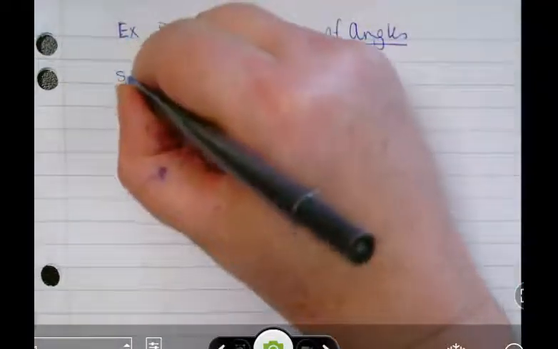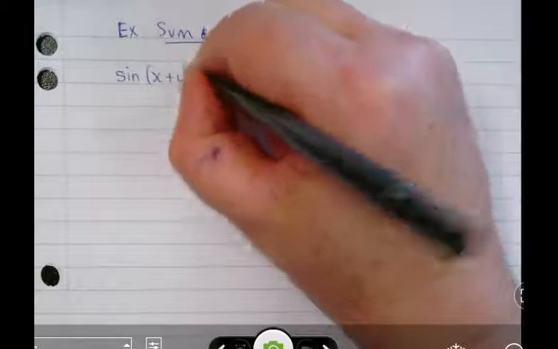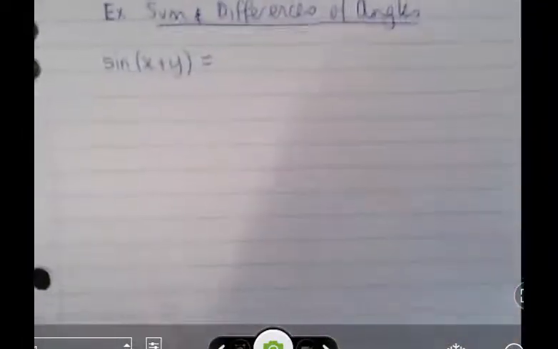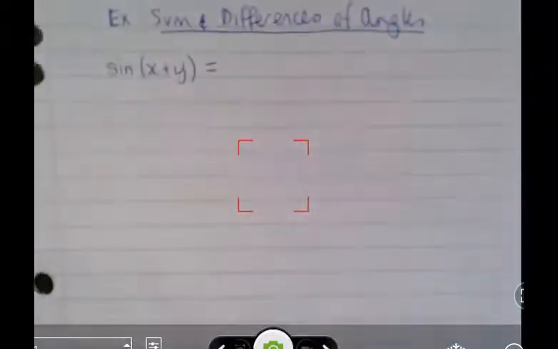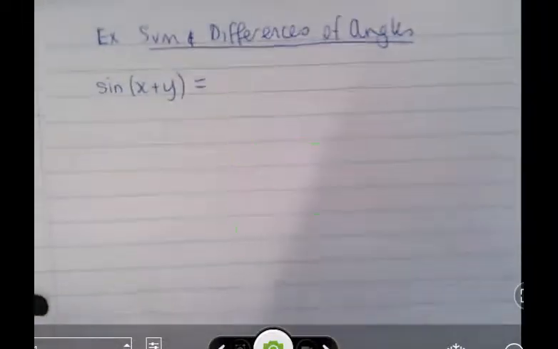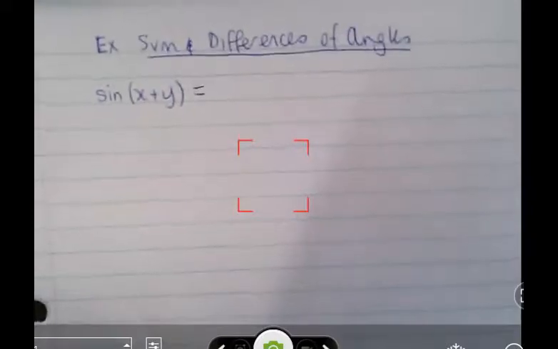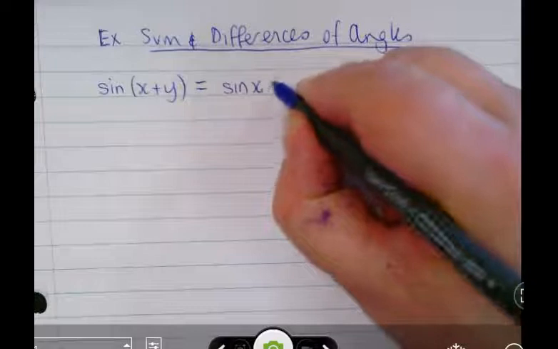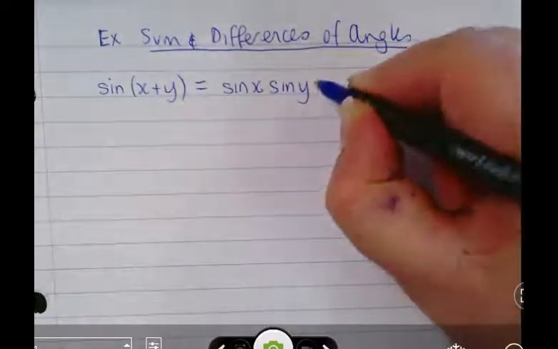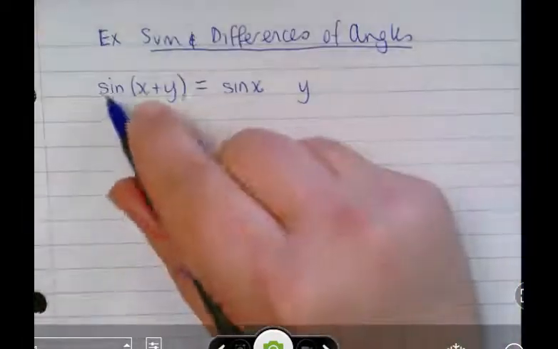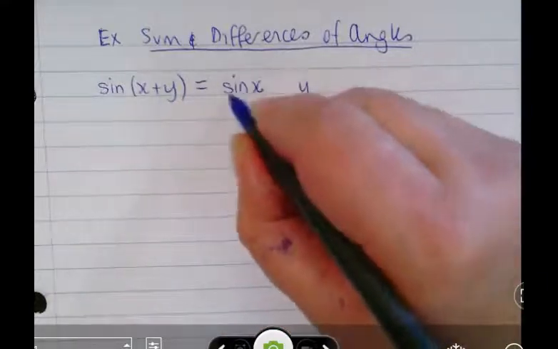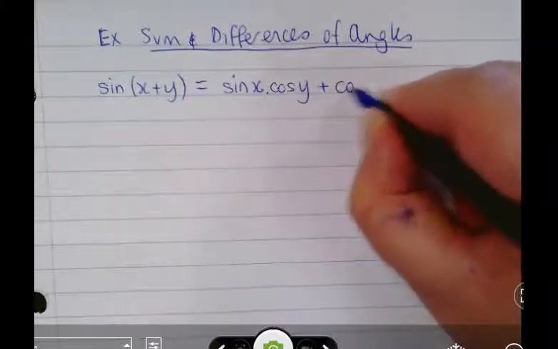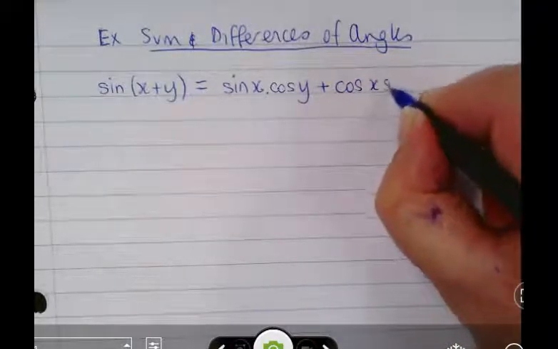The first one, the sine of x plus y equals. Remember that I've shown you sine first, even though I showed you cos first at the beginning of the other video. Sine of x plus y, the formula is sine x times cos y plus cos x times sine y.